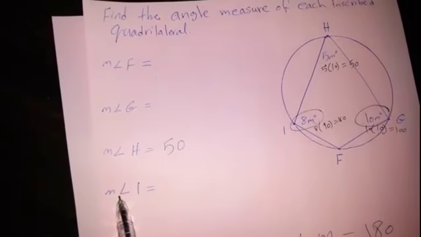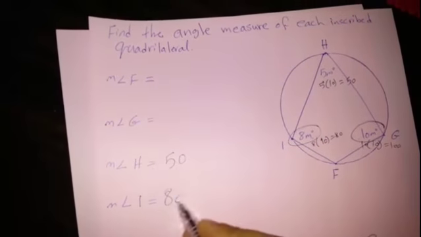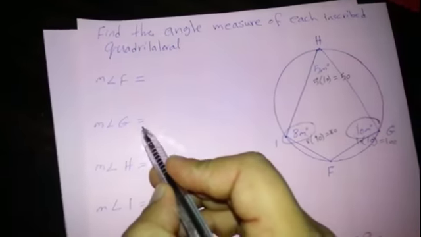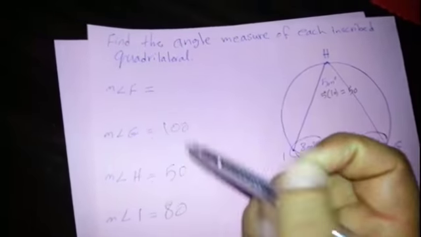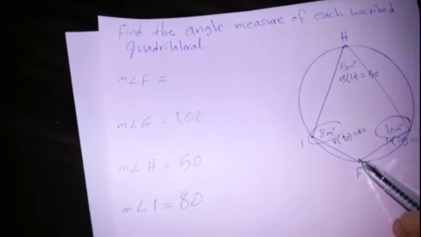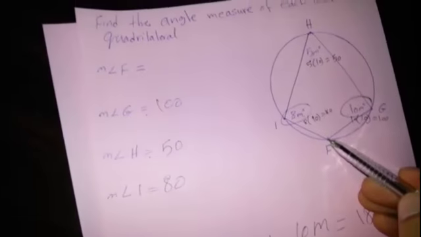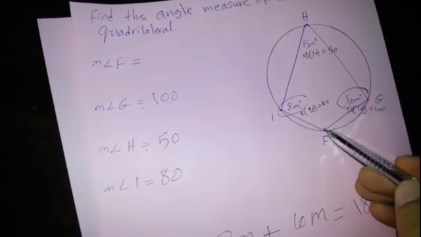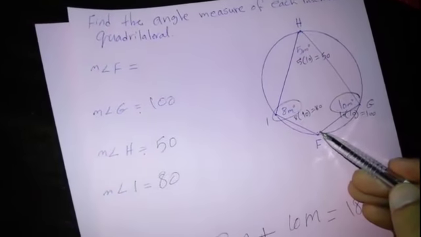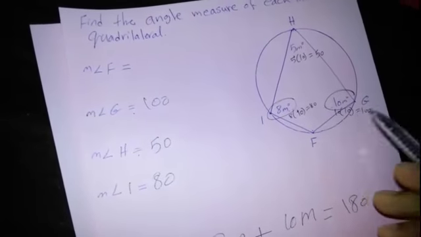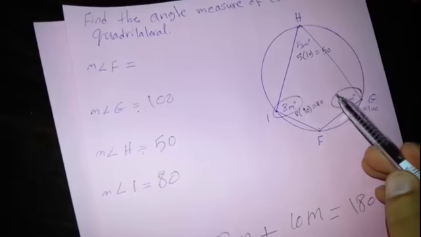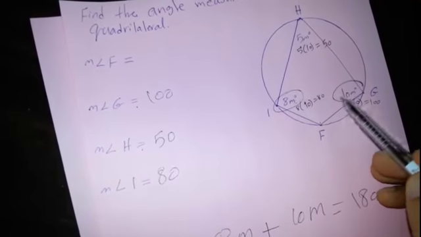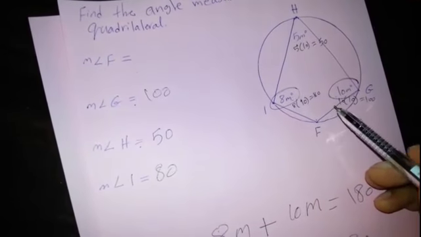Angle I is 80. Angle G is 100. The remainder is angle F. Where's angle F? We don't have angle F with the variable m. But I just said that the opposite angles in a quadrilateral inscribed in a circle are supplementary.